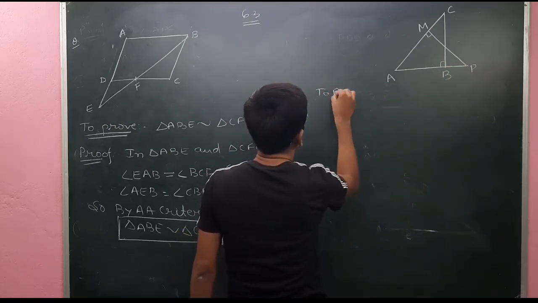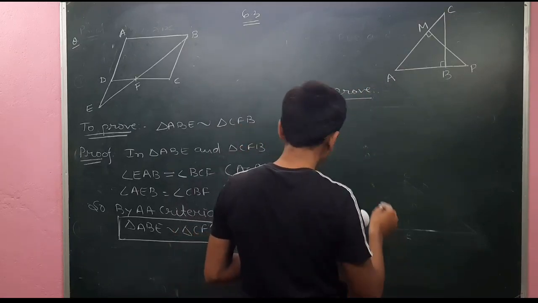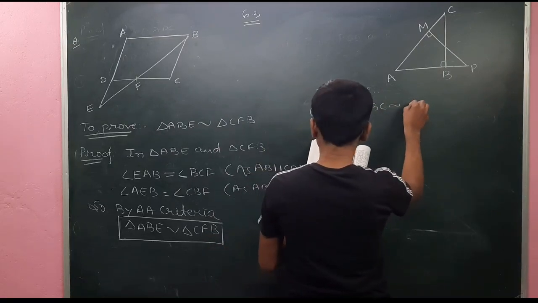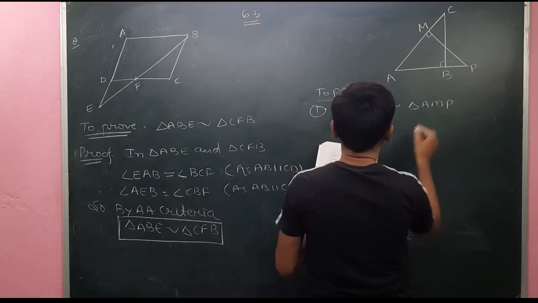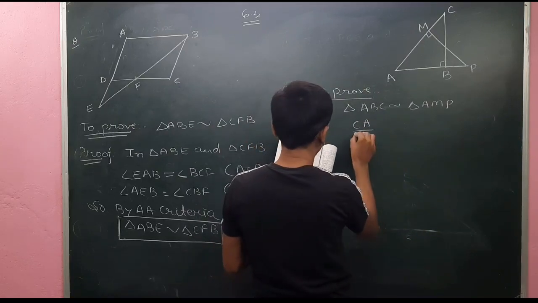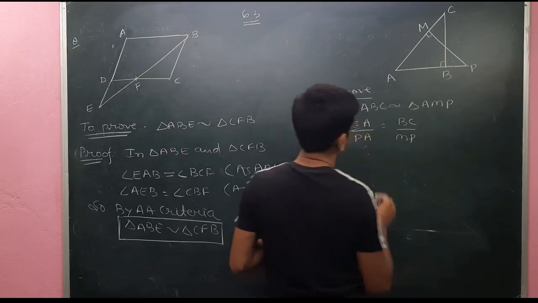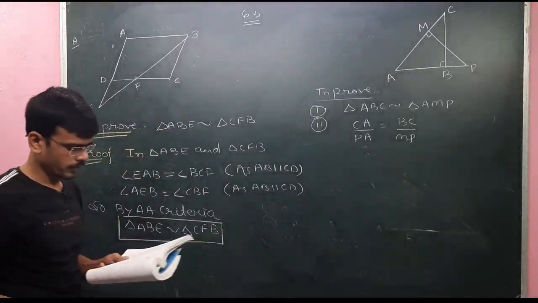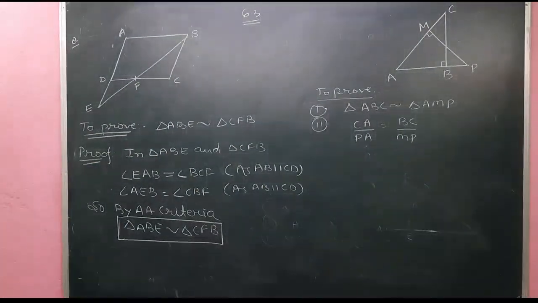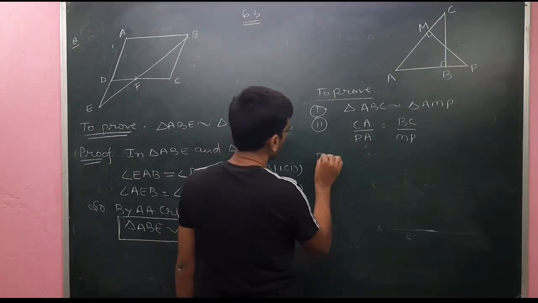To prove: first, triangle ABC is similar to triangle AMP, and second, CA upon PA is equal to BC upon MP. So let's see the proof of this question.